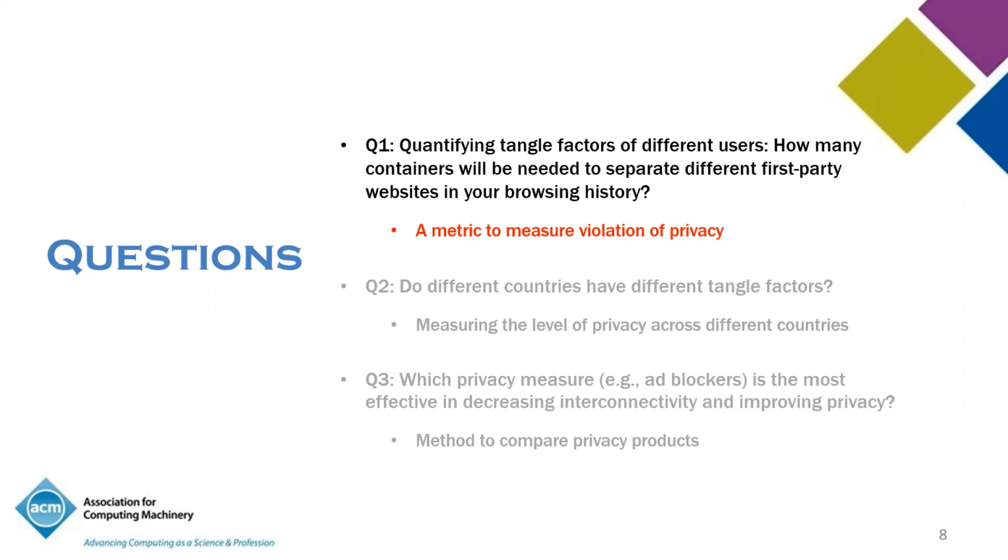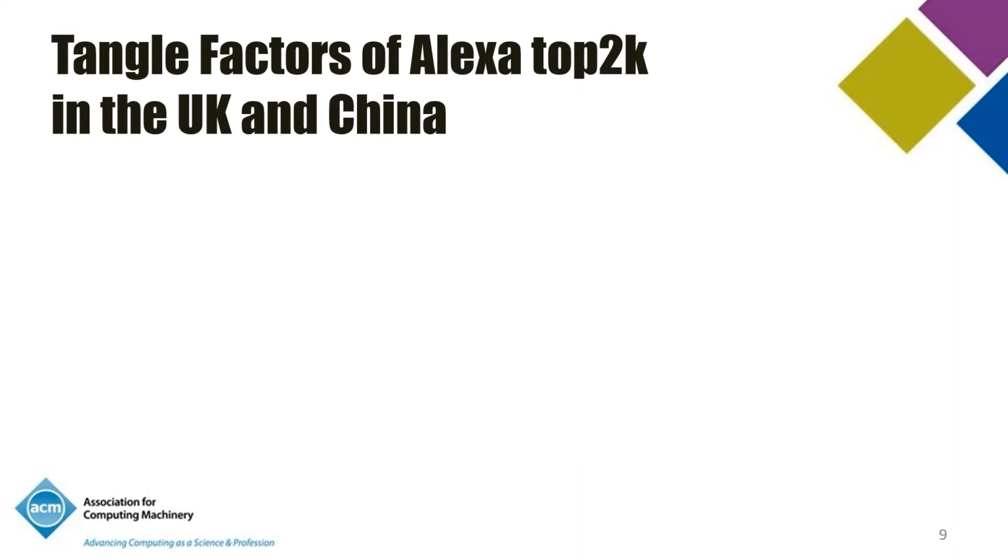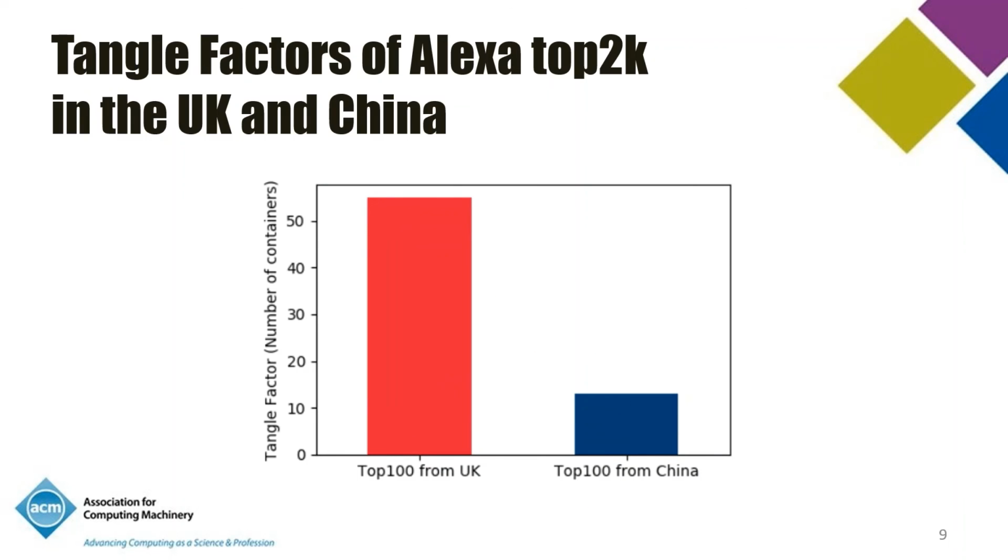And let's start from the first question, to quantify the tangle factor across different users. First, we did a measurement based on the Alexa Global Top 2000 dataset. And let's bring an example. Assume there is a person located in the UK, and he visits the top 100 websites.